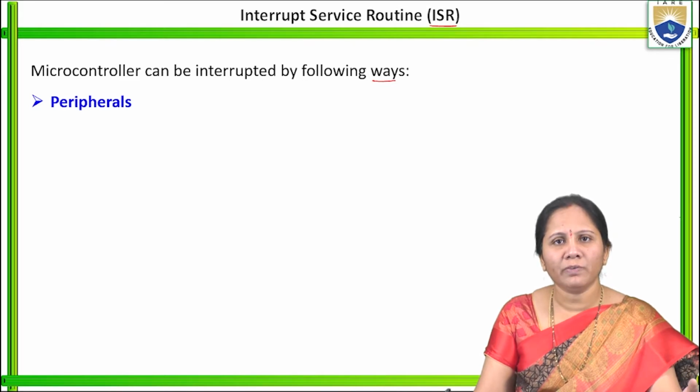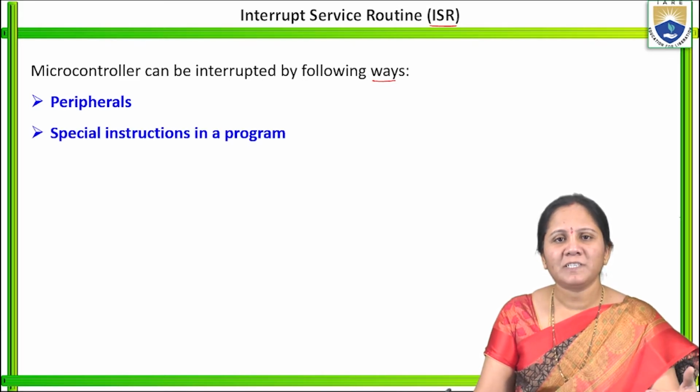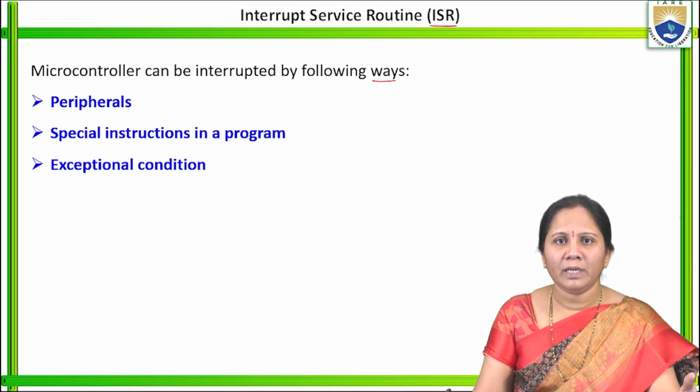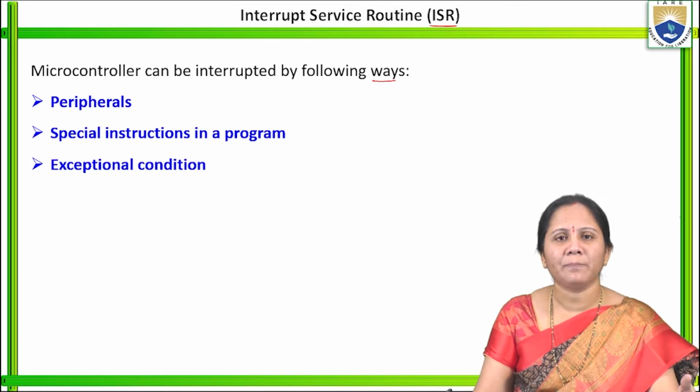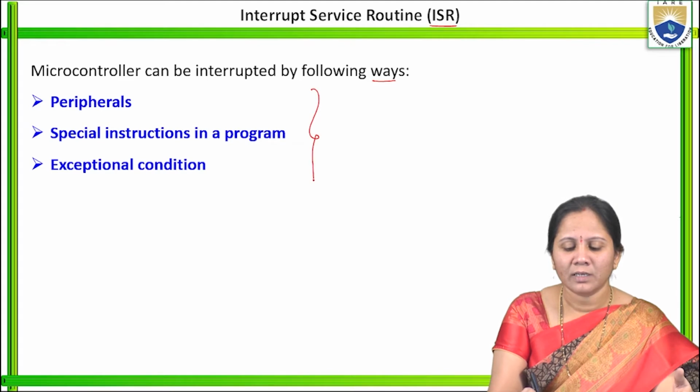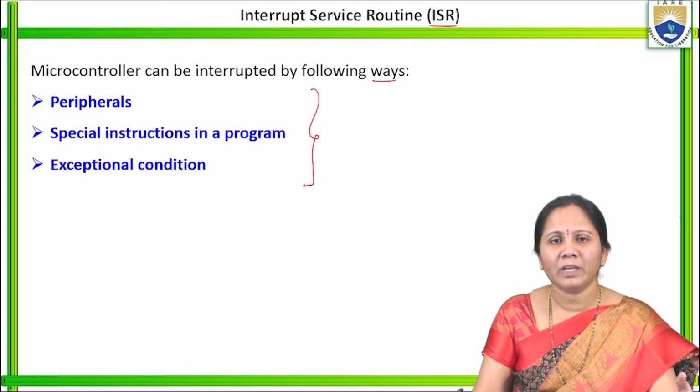Another source of interrupt may be some special instructions that we use while writing assembly language programs for the 8051 microcontroller. Another way the microcontroller can be interrupted is because of some exceptional conditions, that means due to some internal reasons. So these are the different sources by which the microcontroller can be interrupted.